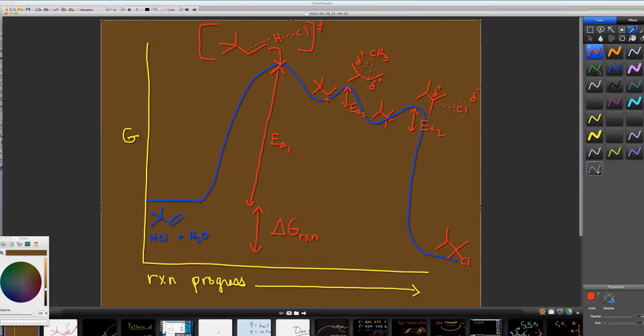Let's label the mechanistic patterns. In step 1, we have a proton transfer. Step 2, we have a rearrangement. Step 3, we have nucleophilic attack.